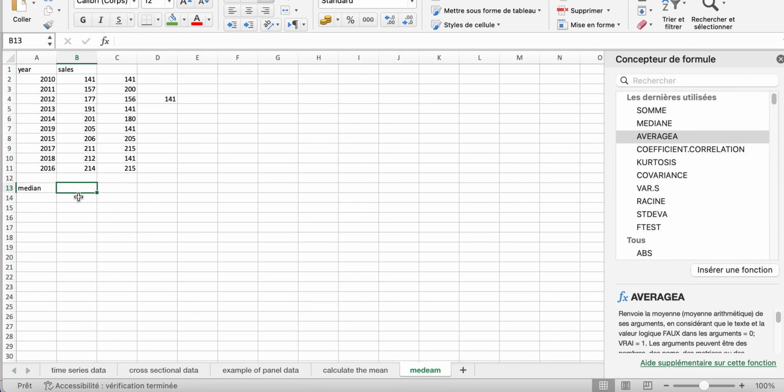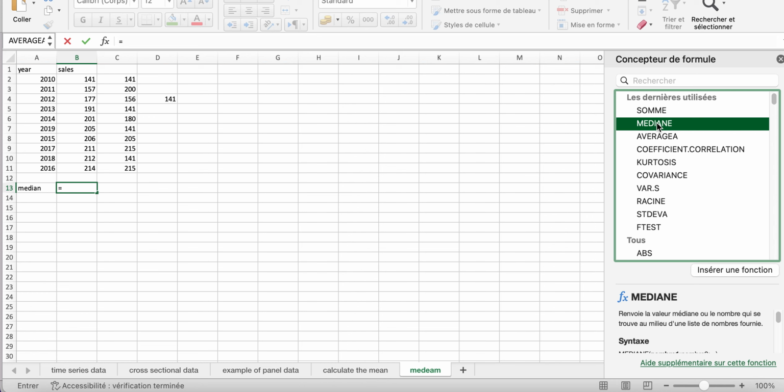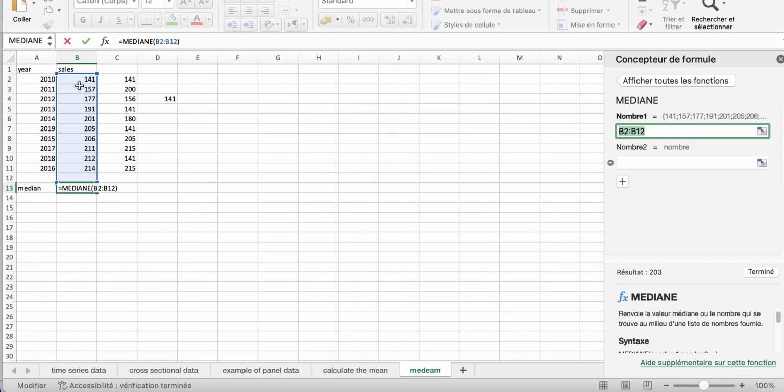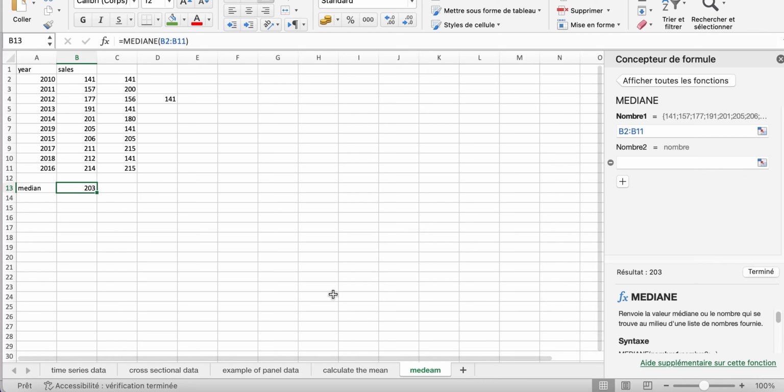We type equal, go to the function, choose median, insert a function, then select all the values and press OK or enter. So your median is 203. This is the middle value of the sales of store X.